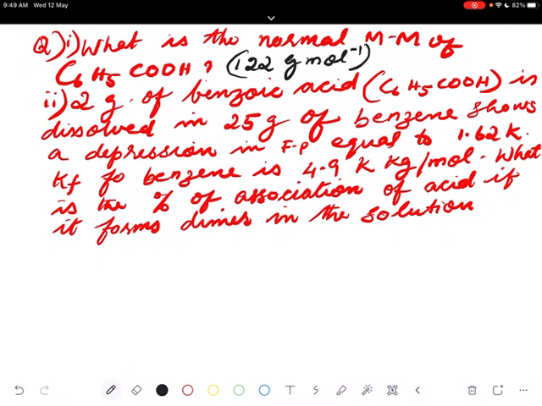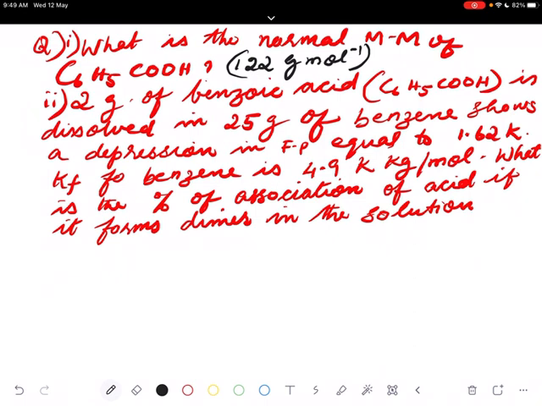This is the molar mass of benzoic acid. Now 2 gram of benzoic acid is dissolved, so Wb is given, in 25 gram of benzene, that is Wa, which is given, and it shows a depression in freezing point, that is delta Tf.